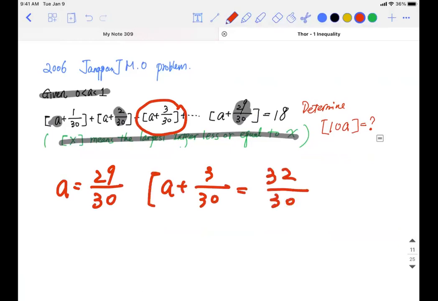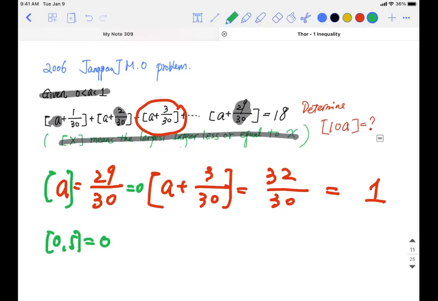If you take the Gauss, that gives you 1. But A itself, if you take the Gauss, gives you 0, because the largest integer less than or equal to 0.97 is 0. So that's not quite. You say this plus whatever will equal A. Not quite.